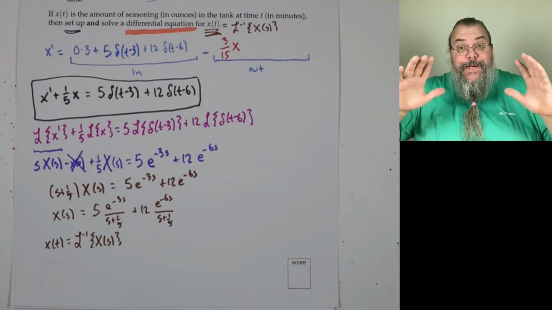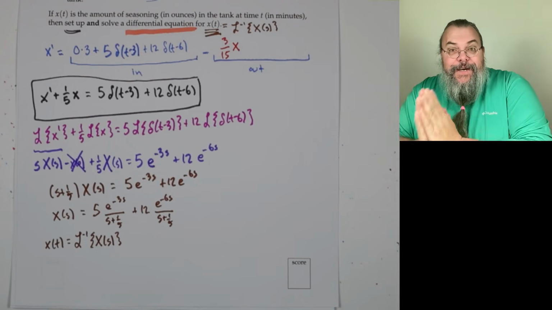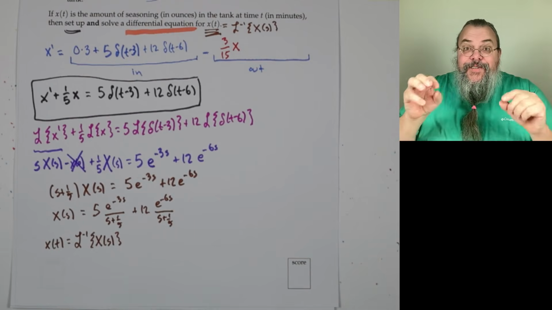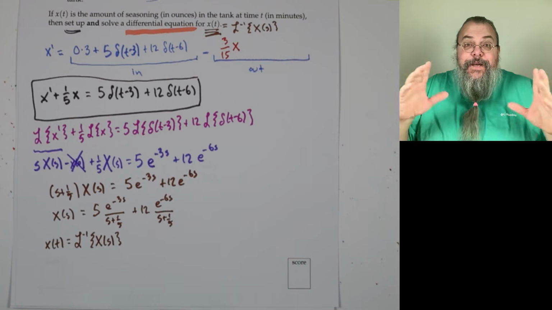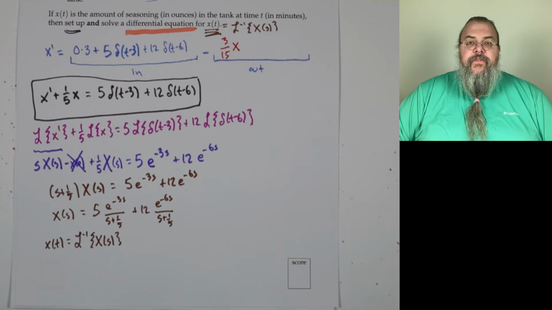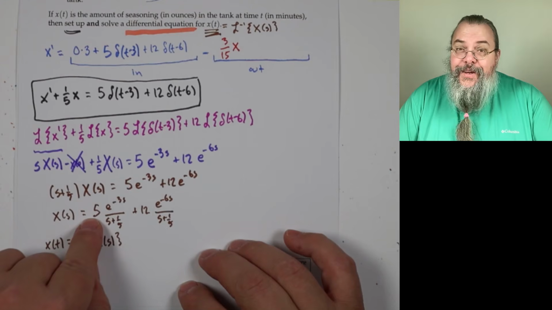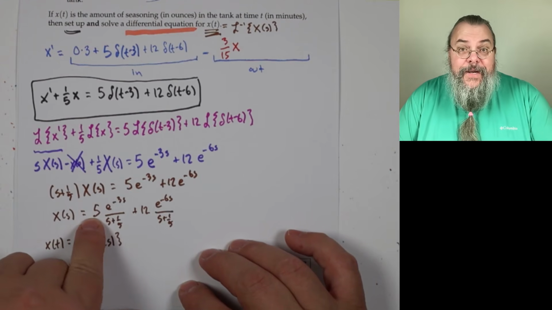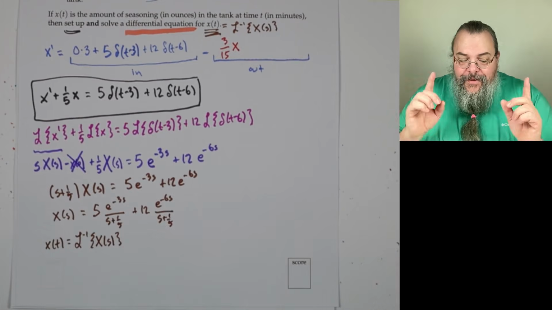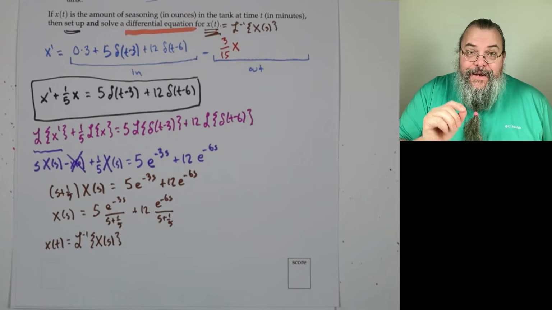So, pro tip, learn to write well enough so you can distinguish the two. That way you won't make a mistake. Excuse me, sorry, I have something in my throat. If you thought this was an s, you would be doing something very differently than if you thought this was a 5. So be careful. Be the right amount of careful.